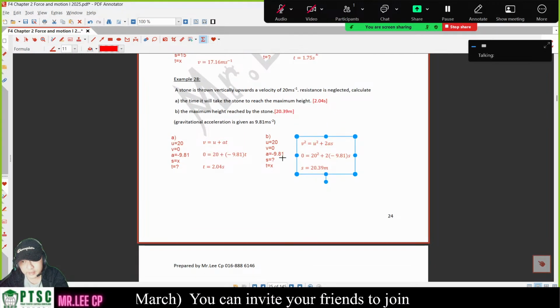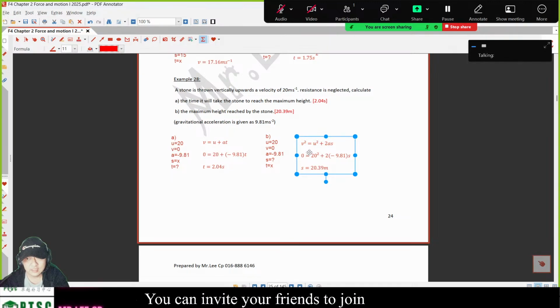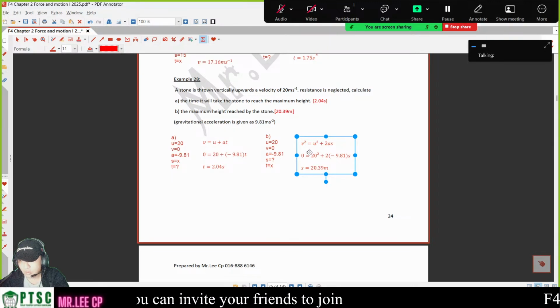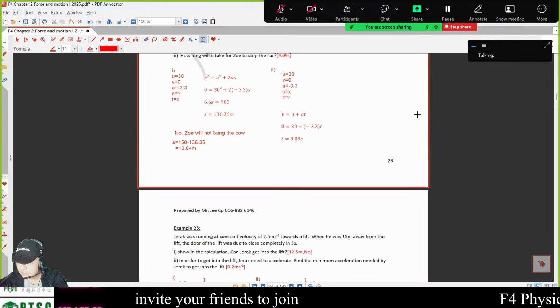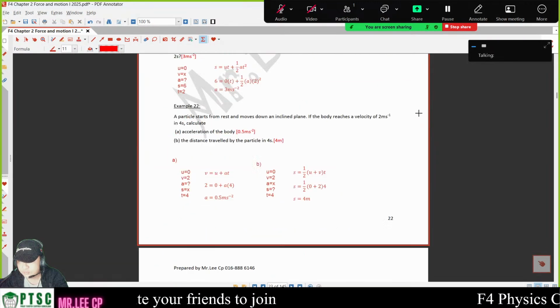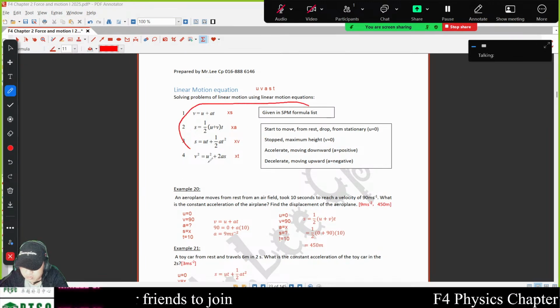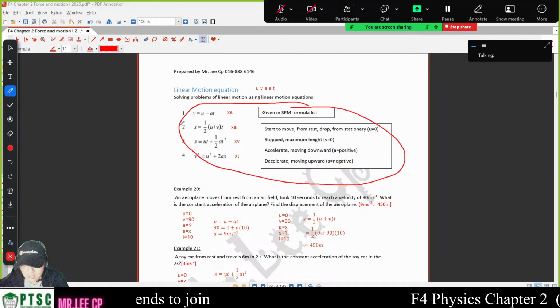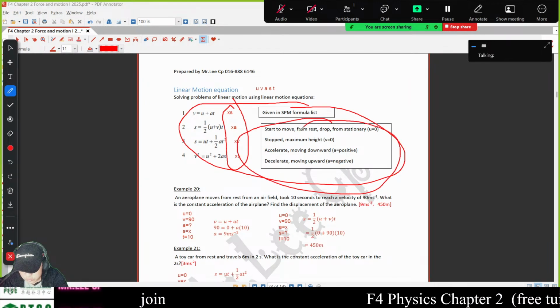Alright. So this is all the example of how you are going to do with this four formula. Alright. So now this one is very, very important. So you need to know this formula. You need to list it out, and then you need to know some information.